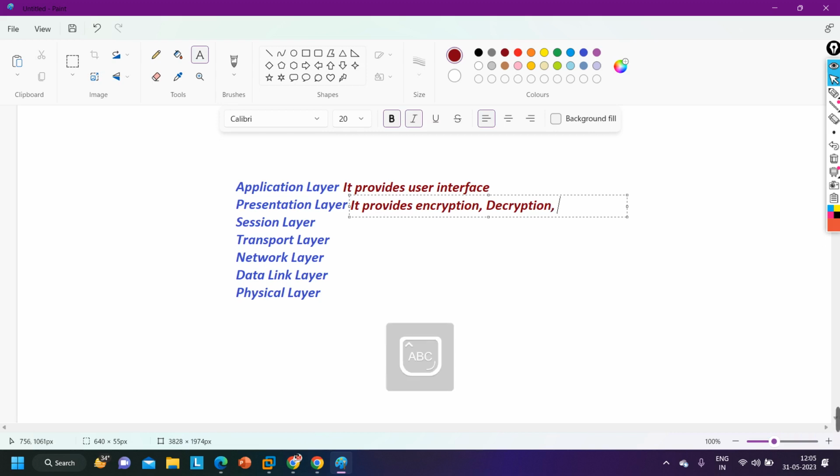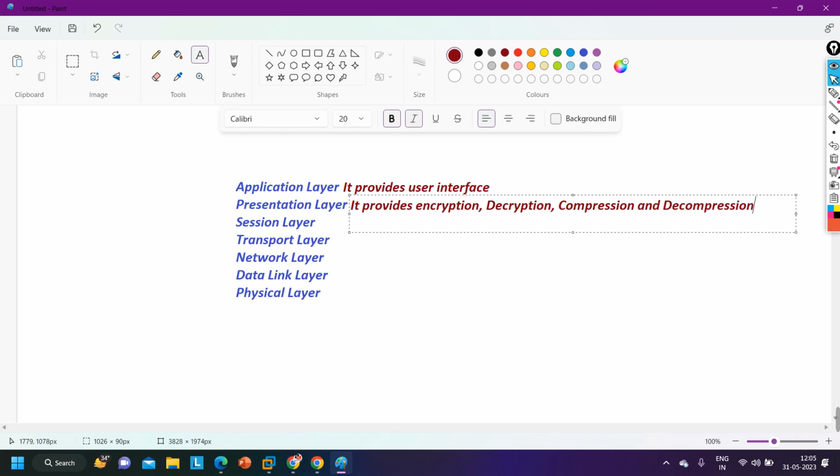After that, compression and decompression. Or you can say the presentation layer presents the data in the actual format. Yes or no? Yes.